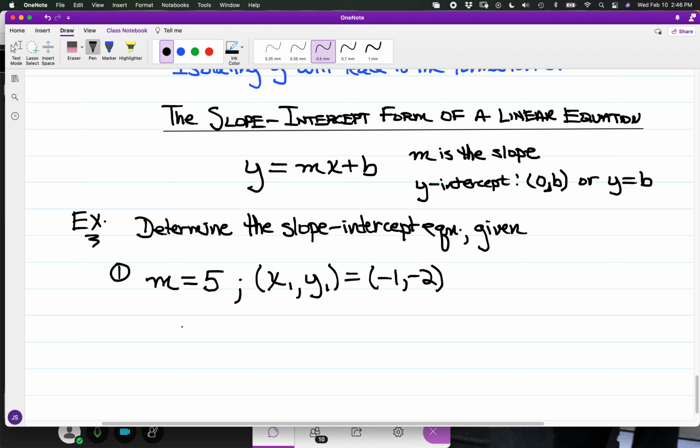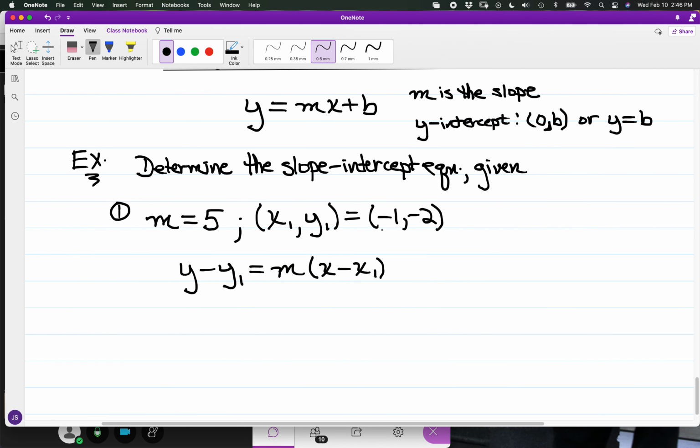So in the case of working with the slope as well as the given point, we will start out with the point slope equation. Again, y minus y1 is equal to the slope m times the quantity of x minus x1. Substituting, the y1 we have at negative 2, so y minus negative 2 is equal to the slope m, which we have at 5, times the quantity of x minus x1, and the x1 we have at negative 1.